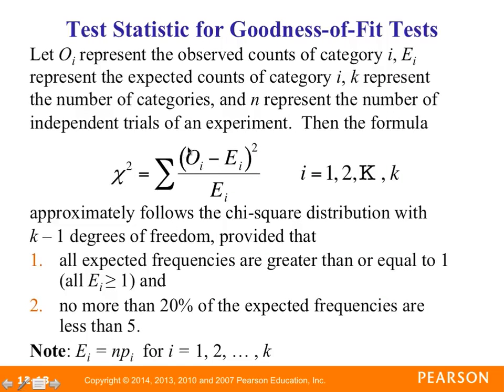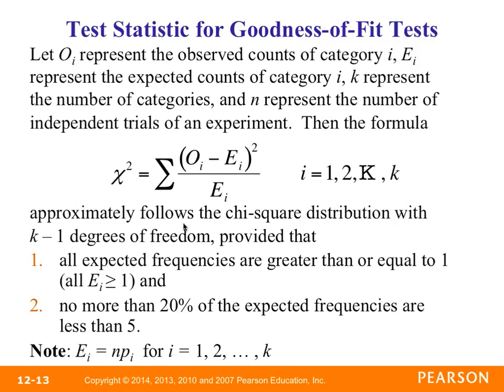So chi-squared is equal to the sum of our observed counts minus our expected, squared, divided by our expected. And then once we calculate all of those, we just add them all up from i equals 1 all the way up to k. Now this is going to follow the chi-square distribution with k minus 1 degrees of freedom. There are a couple of things that have to be true.